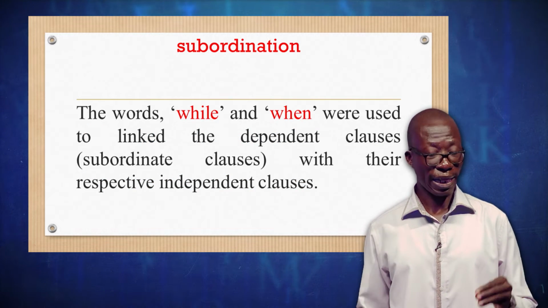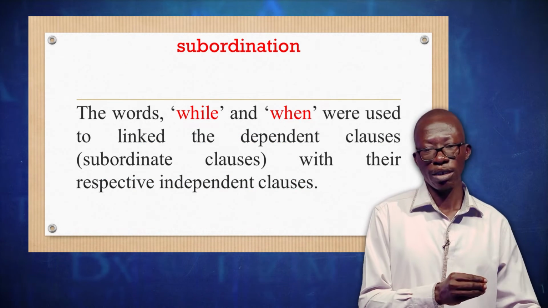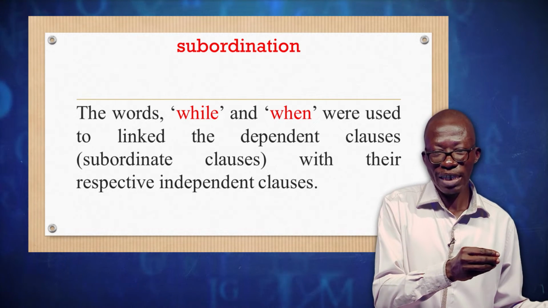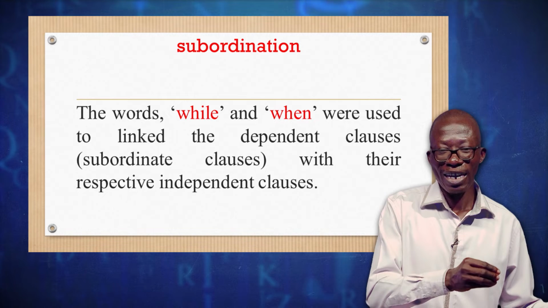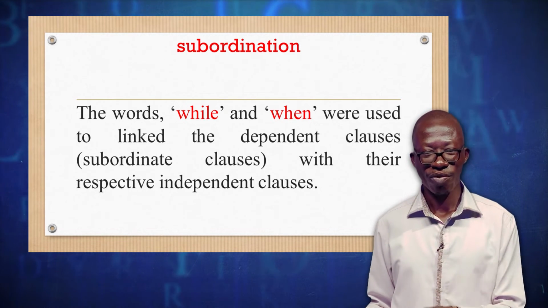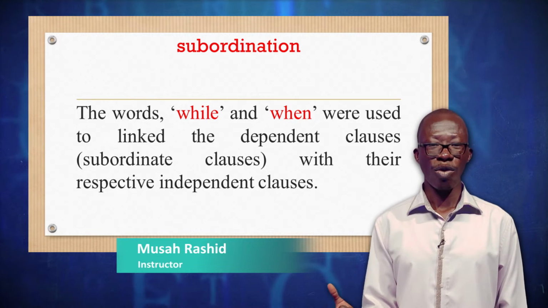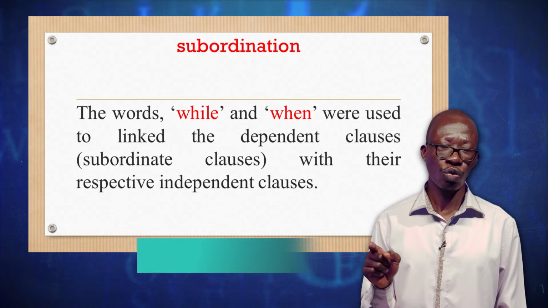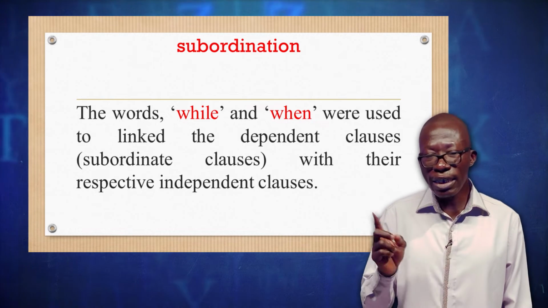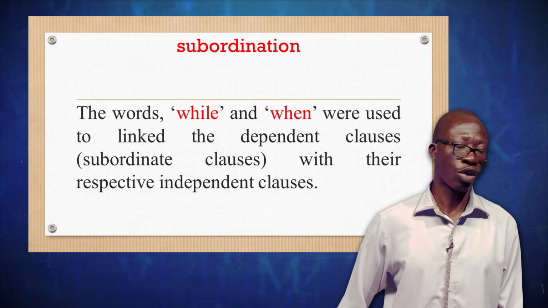So the words while and when were used to link the dependent clauses, that's the subordinate clauses. Remember, in our previous lesson, we were using dependent clauses, and we are saying that dependent clauses are also termed subordinate clauses. So while was used in sentence 1 and when in sentence 2 to link the subordinate clauses with their respective independent clauses.